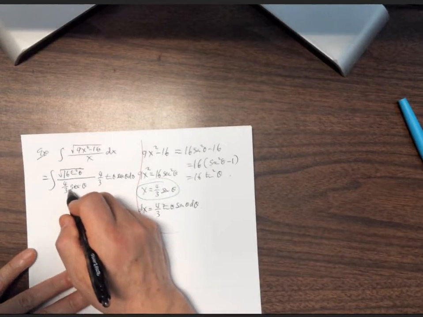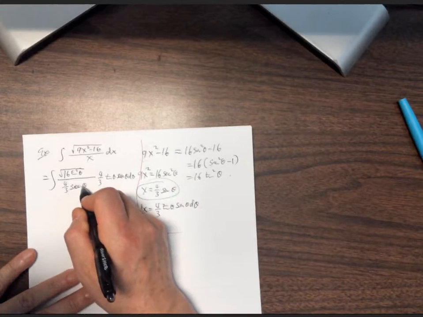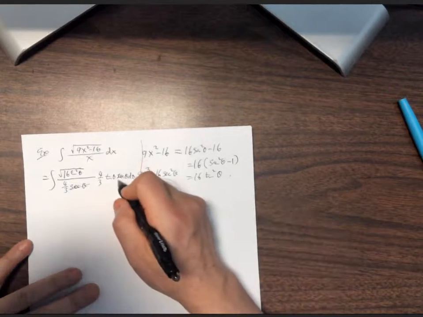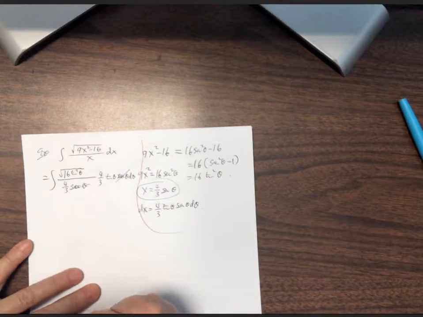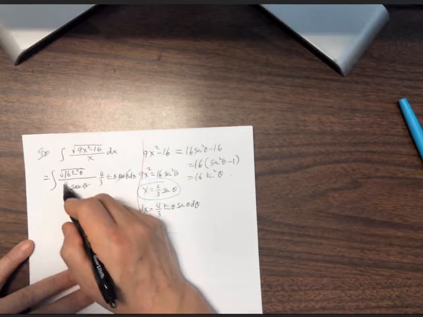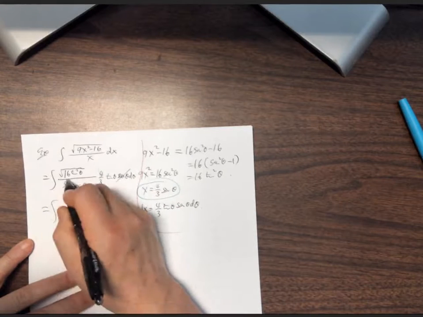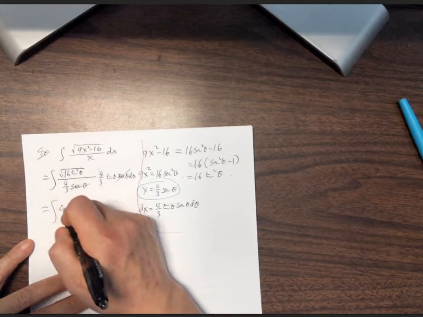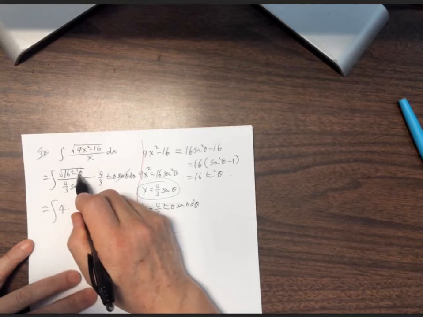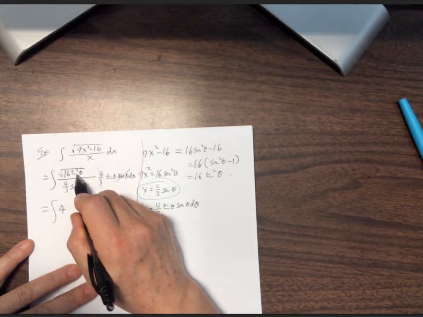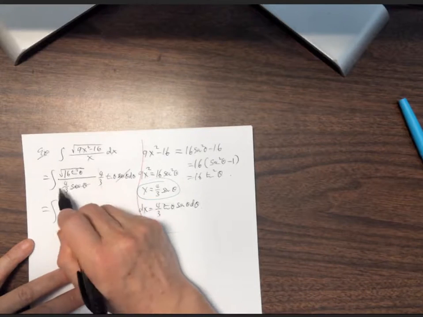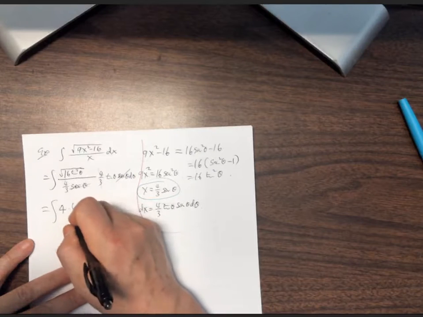Right? Secant crosses out. Actually, 4/3 crosses out too. So the square root of 16 is 4. The square root of tangent squared is tangent, and tangent times tangent is tangent squared.